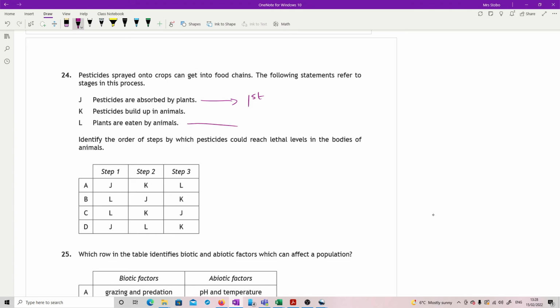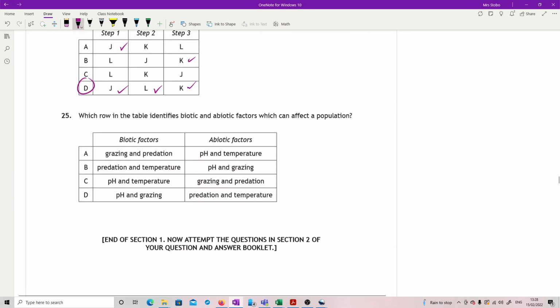Okay, then plants get eaten by animals, and finally they build up to the point where they start doing the animals harm. Okay, so first step has to be J. Second step has to be, we've said L. Oh, well, you're good then. D is fine. And third step has to be K. So D.